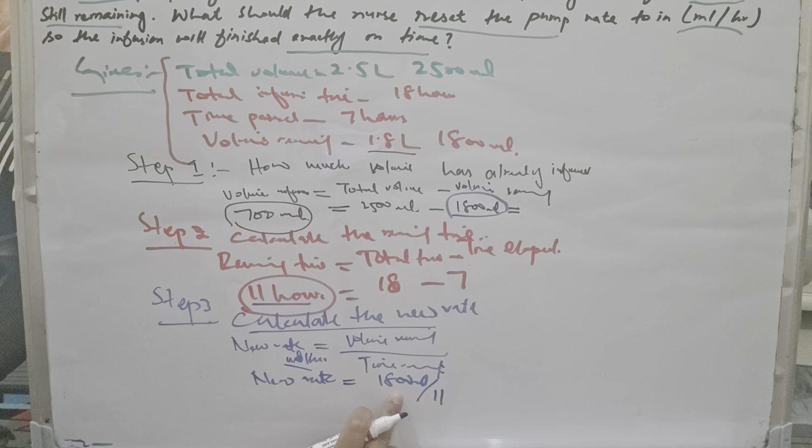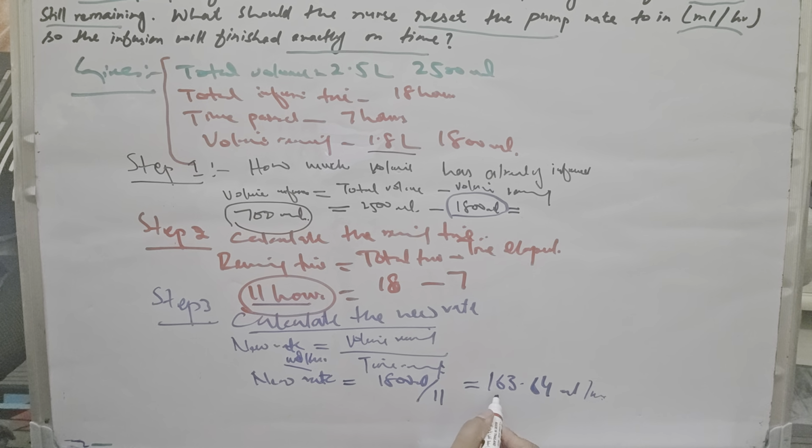So 1800 ml divided by 11. The new rate will come to 163.64 ml per hour.